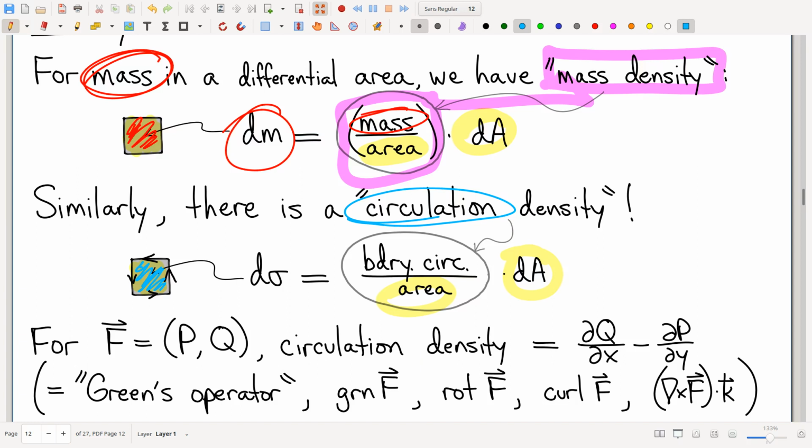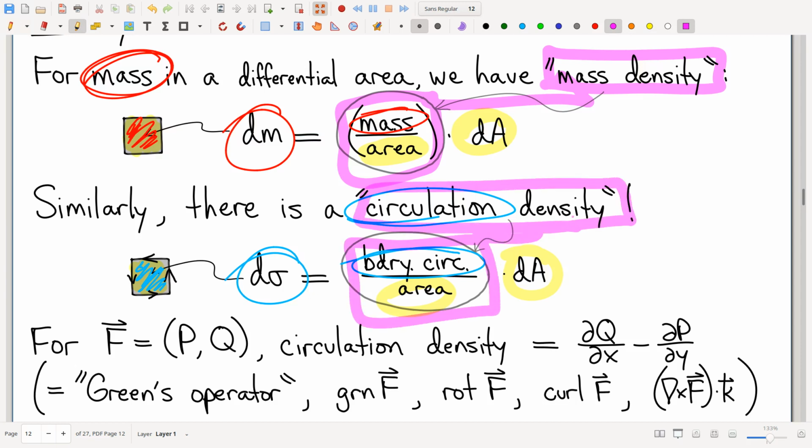Boundary circulation is something you associate to the area, and you can still talk about how much of that boundary circulation there is per unit area, and likewise, this is a density. And in the same way that up here we call this a mass density because the accumulating quantity in question is mass, likewise, hopefully no surprise, we're going to call this circulation density because the accumulating quantity in question is circulation.